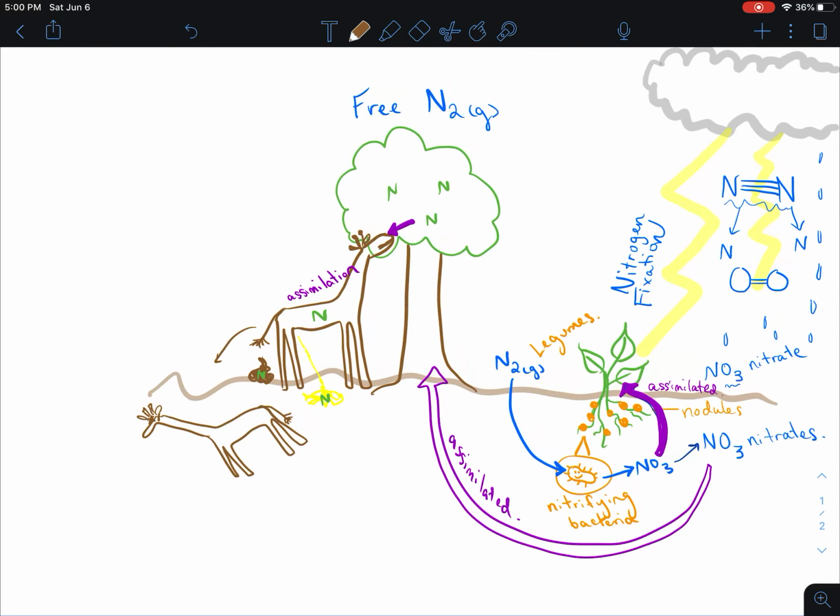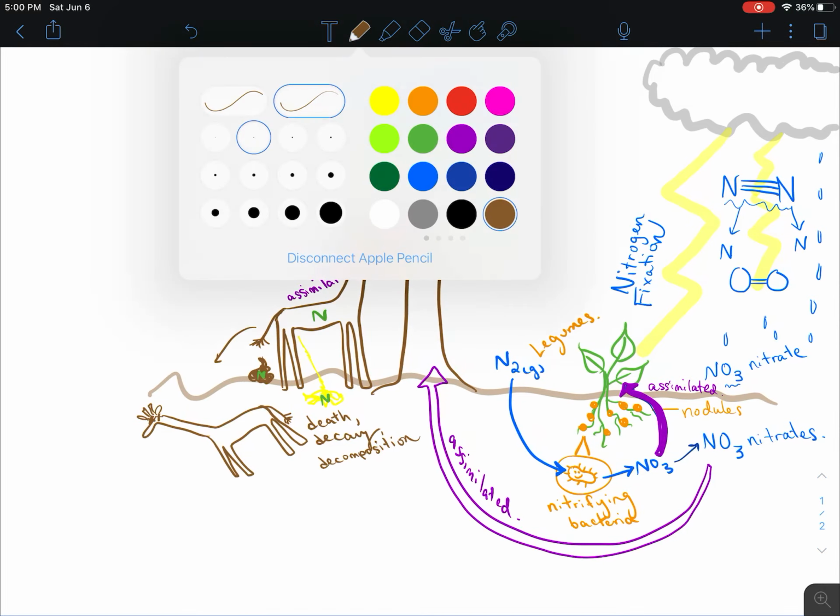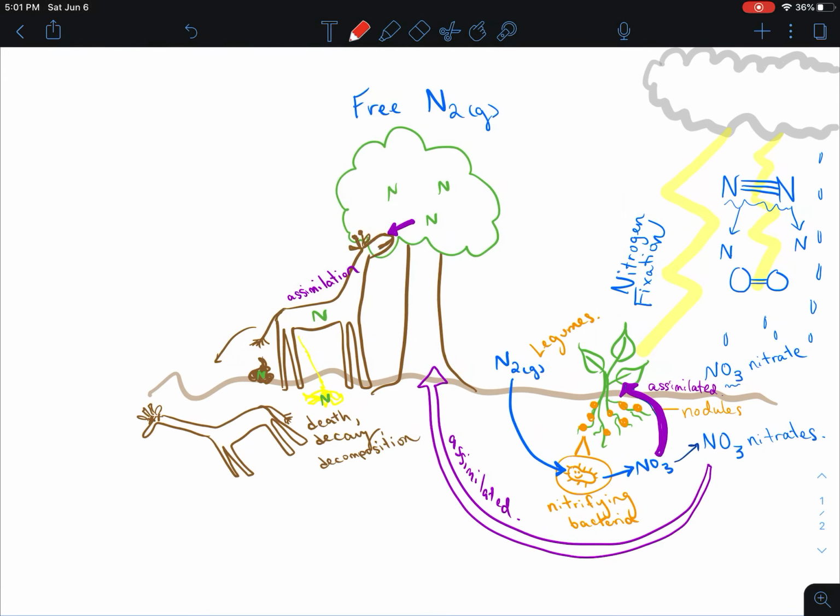Okay, so over here we have death, decay, decomposition. All of those processes are helped along by bacteria, and sometimes fungi and other decomposers as well. Okay, but we're going to focus on this new type of bacteria here that would be called ammonifying bacteria.